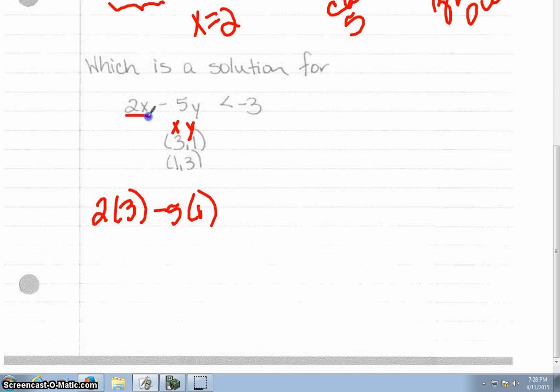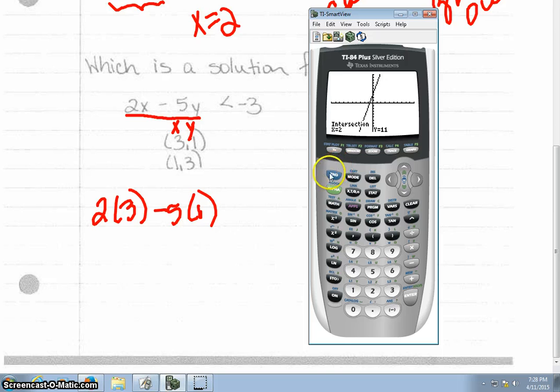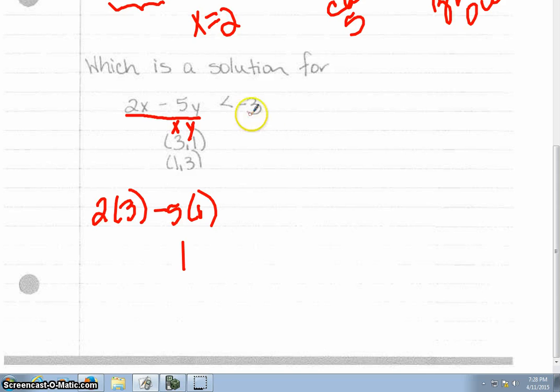Okay, I took this right here and I rewrote it using the first point. So I'm going to go to my calculator, get to the home screen, and I'm going to say 2 times 3 minus 5 times 1. And I get 1. And then I compare it. Is 1 less than negative 3? No, so that's not my answer.